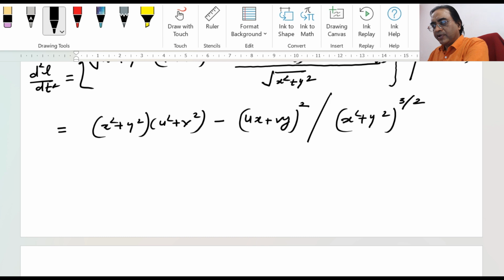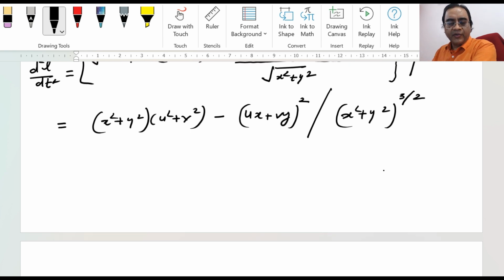So denominator is positive. We are doing second derivative test. So second derivative, we want to check if it is positive, negative. Denominator is positive. Let's open the numerator.